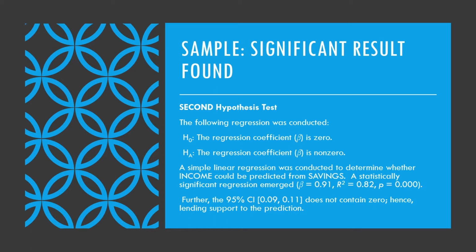Further, the 95% CI showed 0.09 to 0.11, and it does not contain 0, hence lending support to the prediction that we have a significant result here. And also we can look at the p-value, and it is less than the alpha of 0.05.